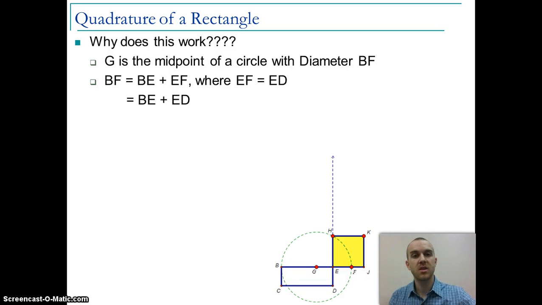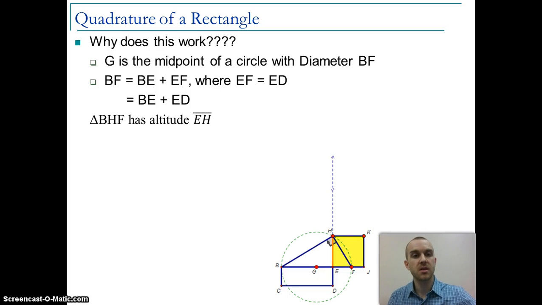Now since I have this circle that goes up to H, I can create a right triangle where EH represents my altitude of my right triangle.